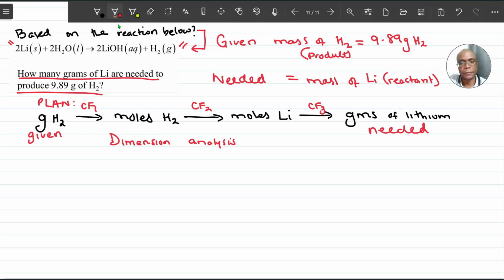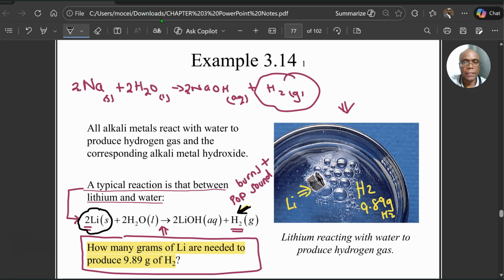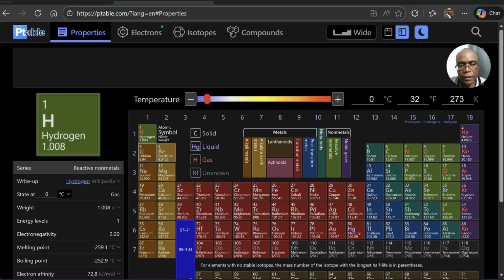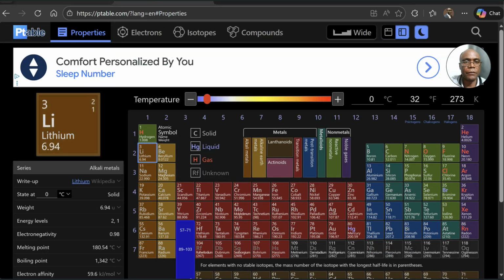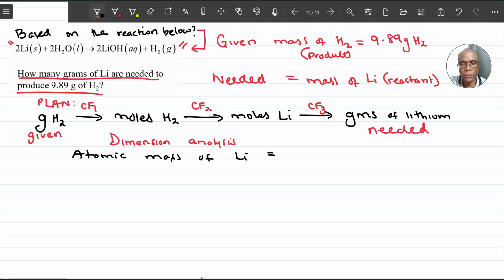Okay, so now I know that the atomic mass of lithium is what? Let's look at the periodic table. Atomic mass of lithium, main group 1, is 6.94. So I'm going to list it here, 6.94 grams per mole of lithium. And then we are dealing with the molecule.